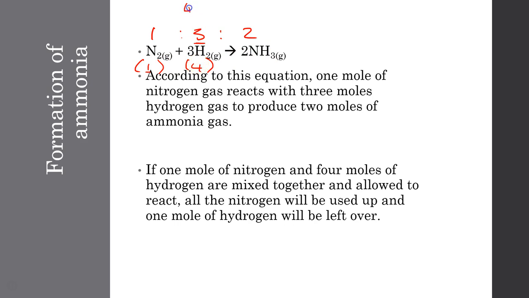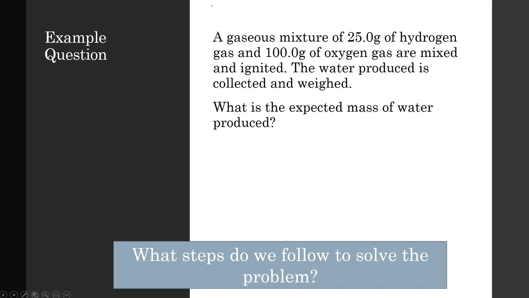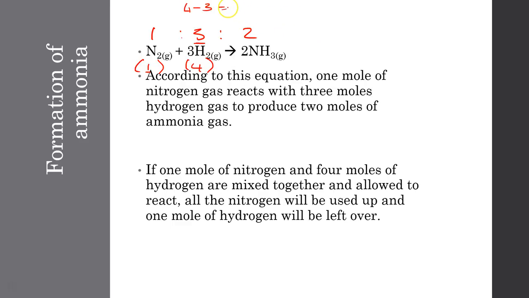So I'm going to have 4 minus 3, which leaves 1 mole left over. I'm still going to get my 2 moles of ammonia, but I will have 1 mole of hydrogen left over. So hydrogen was in excess, my nitrogen was my limiting factor, and then we move on from there.